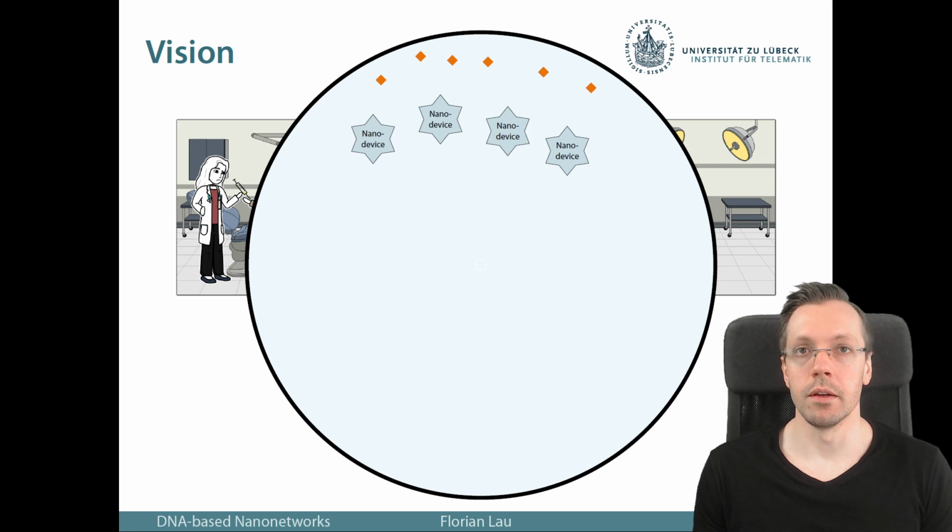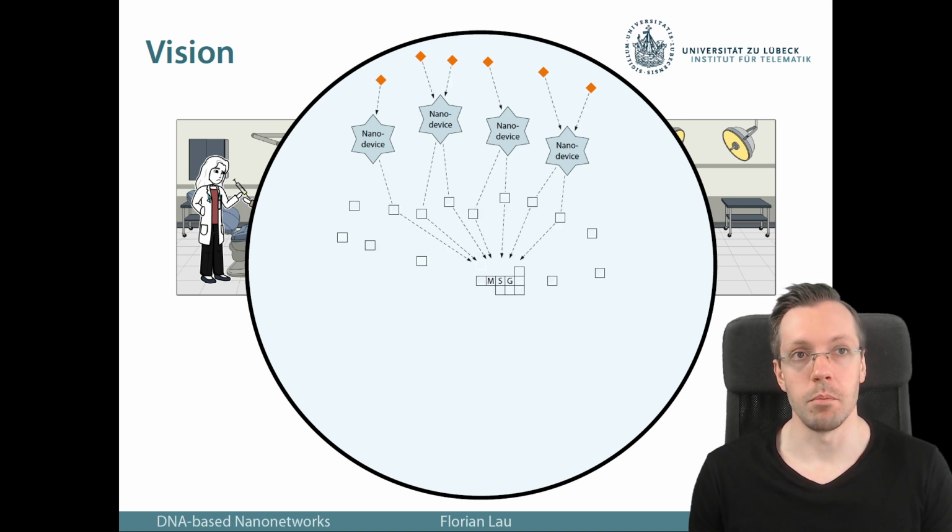In detail, the nanonetwork we inject might look as follows. There are certain kinds of nano devices that are pre-programmed to detect certain kinds of environmental parameters or disease markers. Once a detection takes place, those nano devices release their payload, which might be the building blocks for a so-called message molecule.